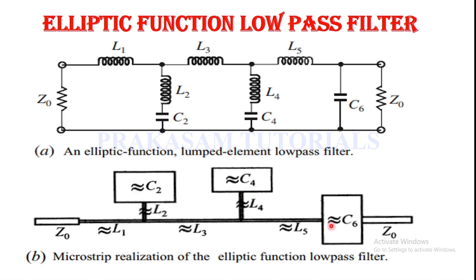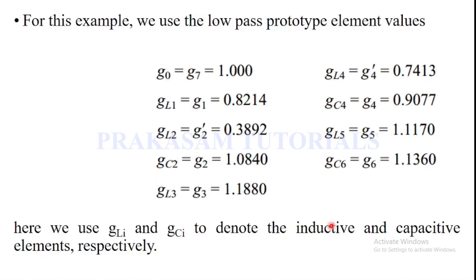In this design, for example, we use the low pass filter prototype element values. So G0, G7, GL1, G1, GL2, G2 dash etc. These are the prototype element values of the low pass filter.